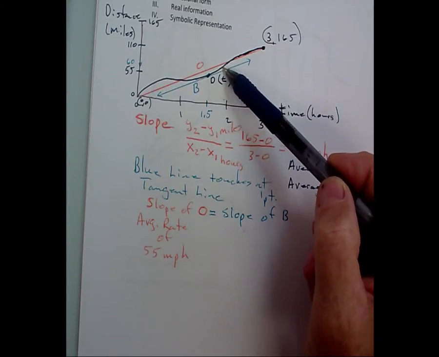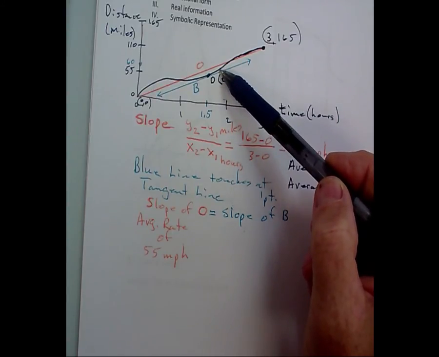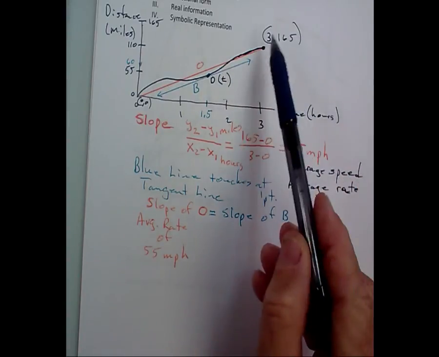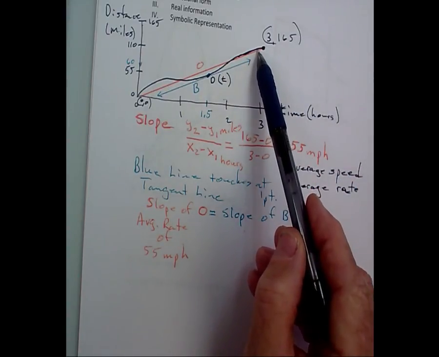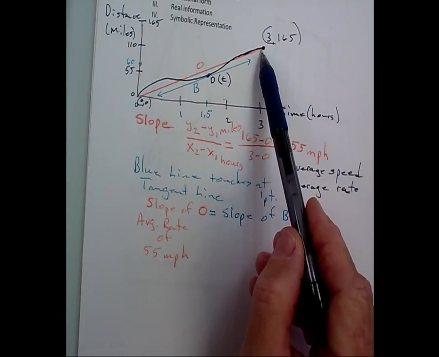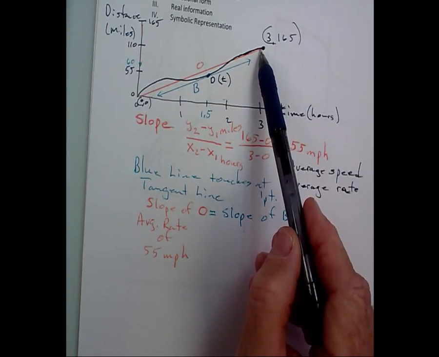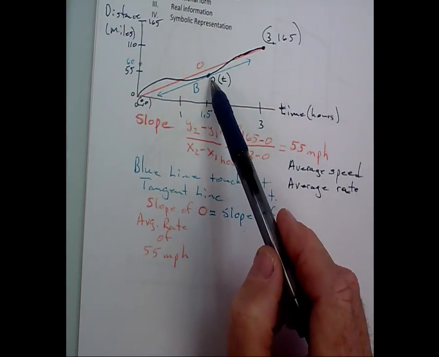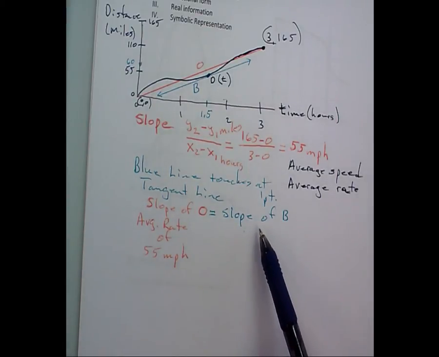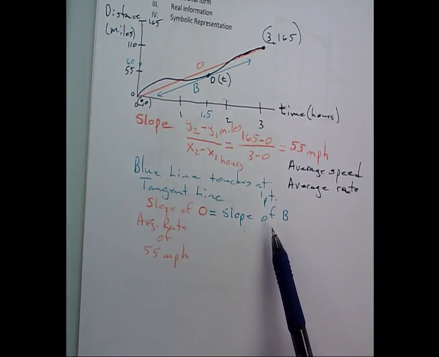If I drew a tangent line here. And then right here, I'm a little bit flatter. In fact, here I would hope I'm at 0. So this is a rate because it's 55 miles per hour. But it's only that rate for how long?